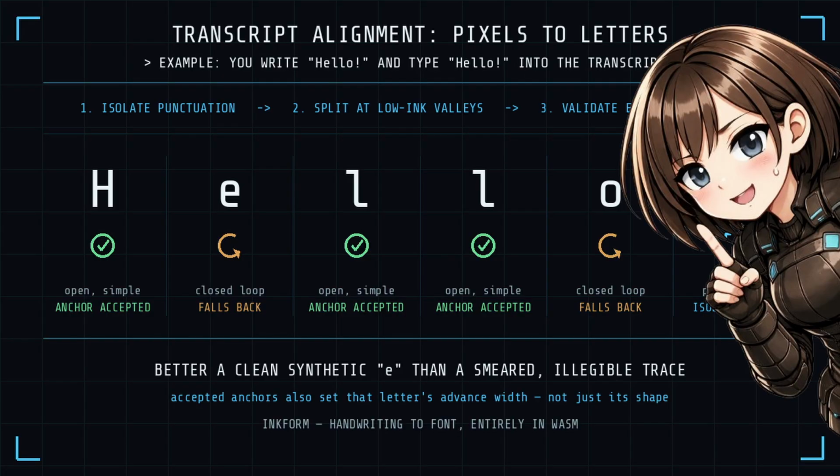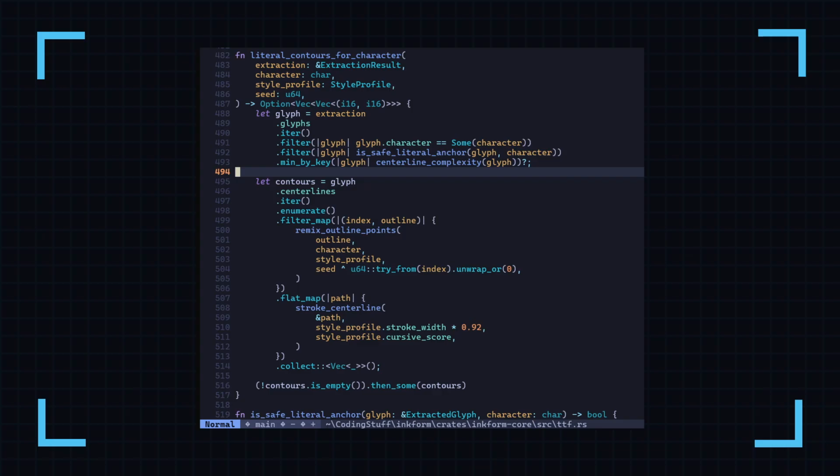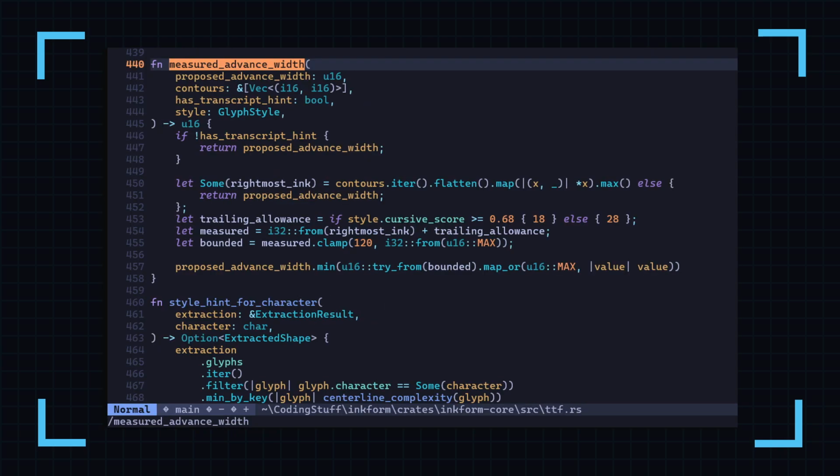Better to draw a clean synthetic E than replay a smeared illegible one. When it does succeed, that exact trace centerline becomes the source of truth for that character. It also becomes the primary signal for that character's advance width, so how much horizontal space it takes up, rather than relying on a generic fixed spacing value for the whole font.